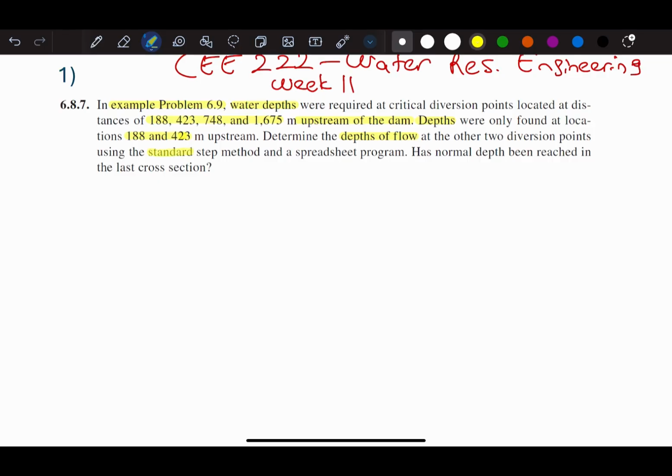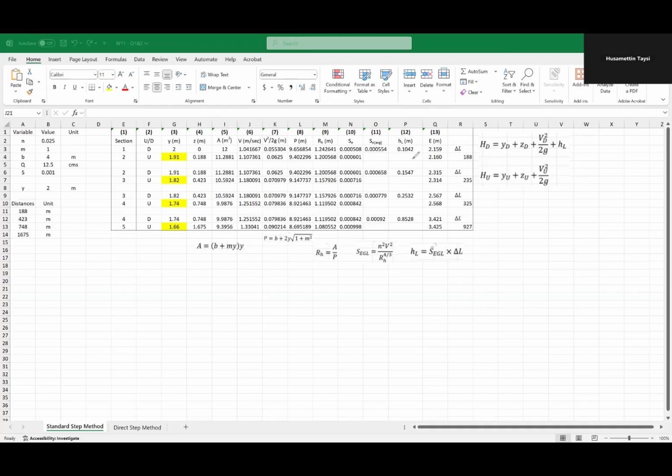And we need to use the standard step method and a spreadsheet program. Water depths for these 2 distances are already calculated. The first distance is 188 and the second one is 423.